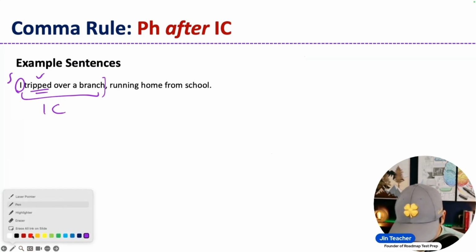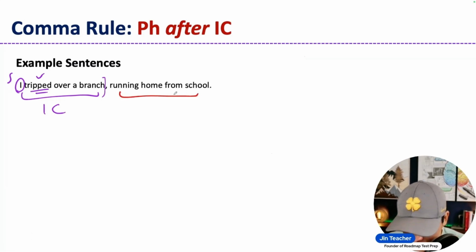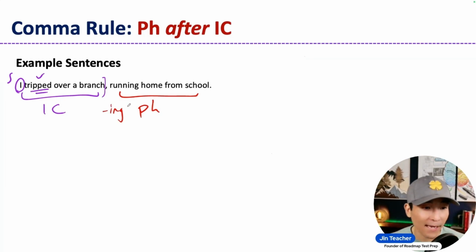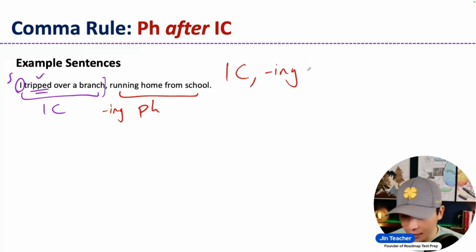And now I have this ing phrase: running home from school. Now, this is going to be a very common sentence structure pattern that you're going to see on the SAT, where you have an independent clause, comma, an ing phrase, or sometimes a past participle phrase.